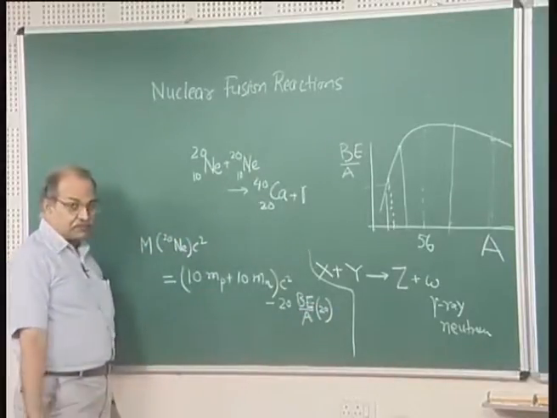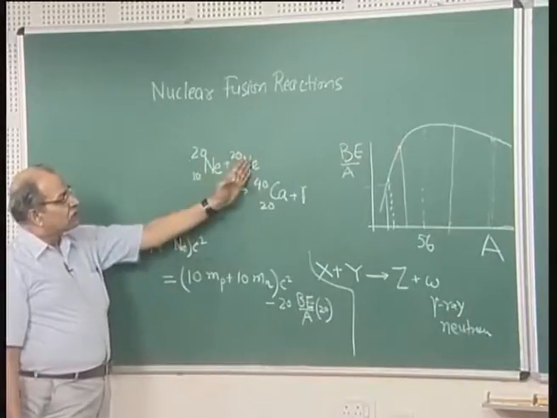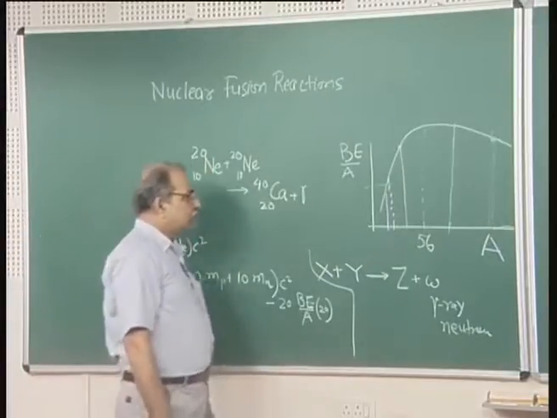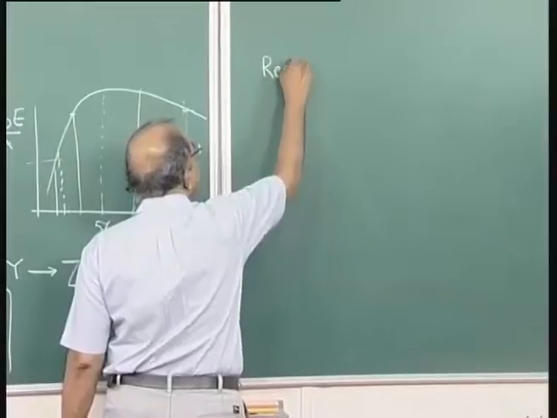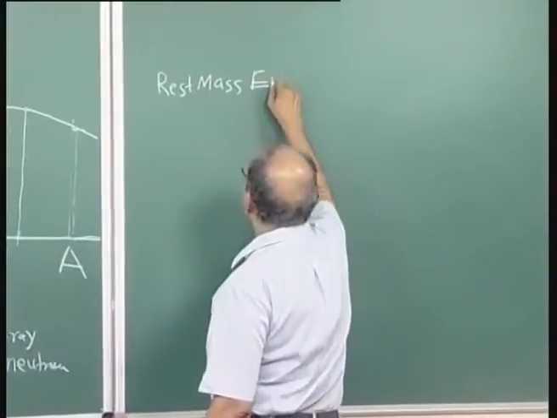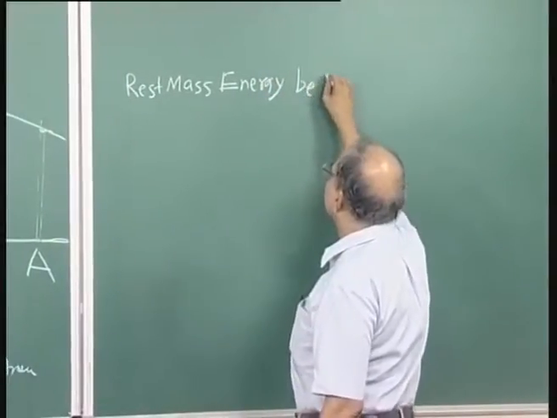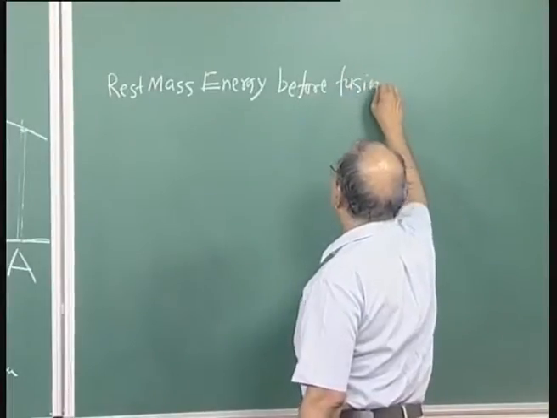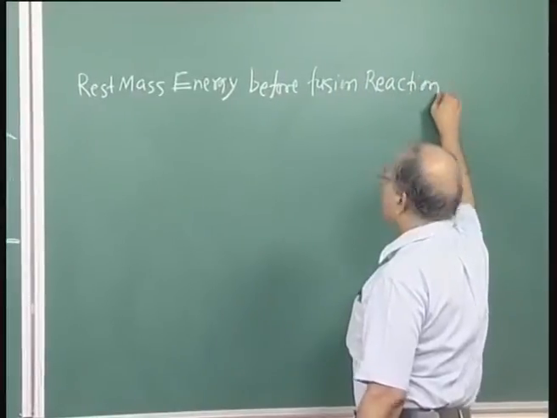And for two of them, if I calculate the total rest mass energy on the left, before fusion, the rest mass energy before the fusion reaction will be double of that.